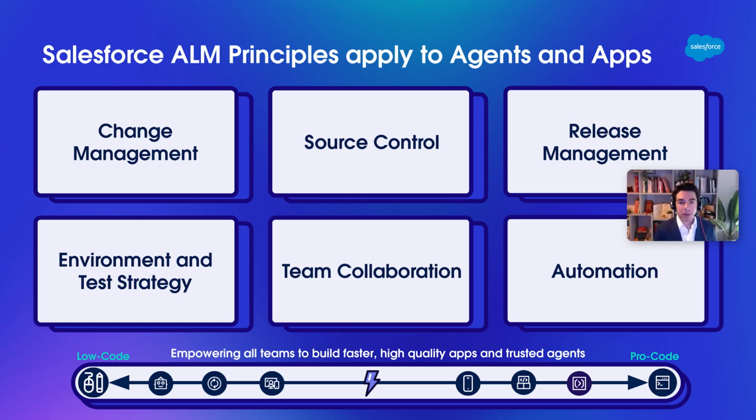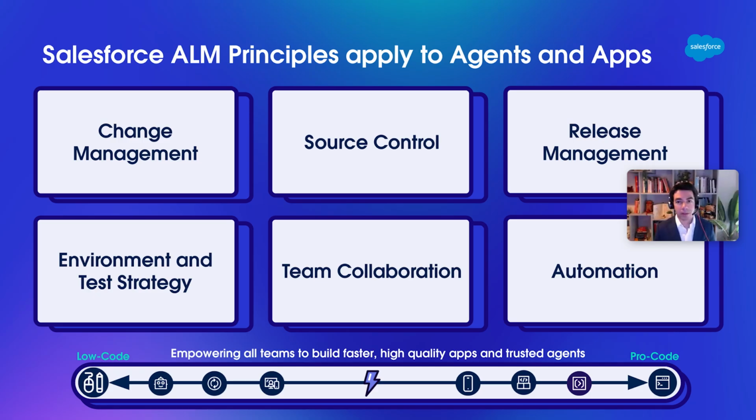So Salesforce ALM for us means effectively a set of best practices, like Michael was talking about earlier, right? Around ensuring that all changes flow through a particular process and are adhering to best practices. So this idea of ensuring that changes go through the appropriate approval processes, that you have source control as a single source of truth, so you can understand where changes are coming from, who has made those changes, and so on. That there's a set of environments that changes flow through at the right point in time.